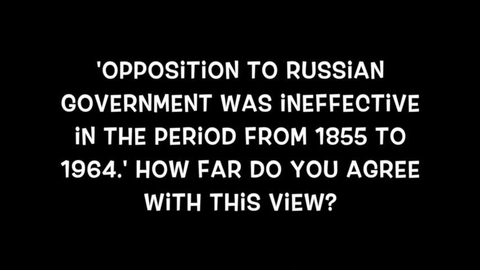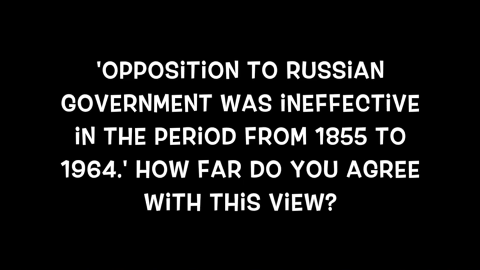So, for example, 1905, with the opposition there, that caused the opening of the State Duma. Fast forward to February 1917, and the opposition there resulted in the replacement of autocracy. Fast forward a tiny bit to October 1917, and the opposition there of the Bolsheviks manages to overthrow the provisional government and establish a communist dictatorship.